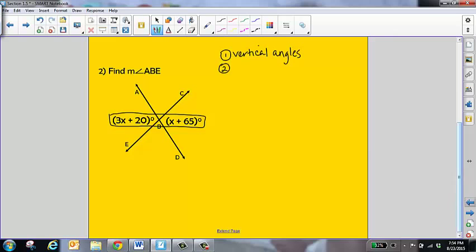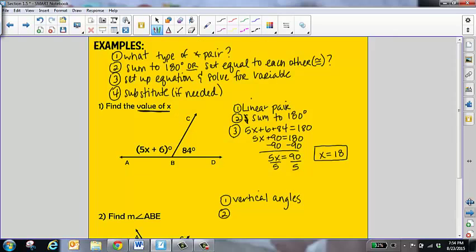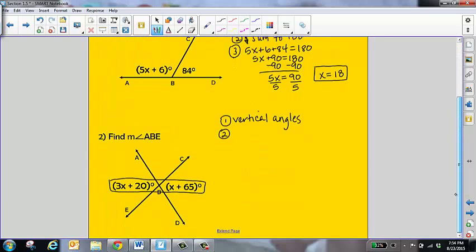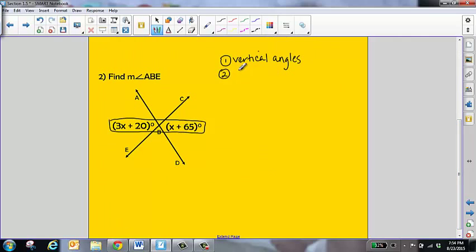Are they congruent? Looking back at what vertical angles are, it says that they are congruent. So since they're congruent, that means we're going to set them equal to each other. Sorry, I keep flipping back and forth here. All right, so that means that our angles are congruent, so we're going to set them equal to each other.